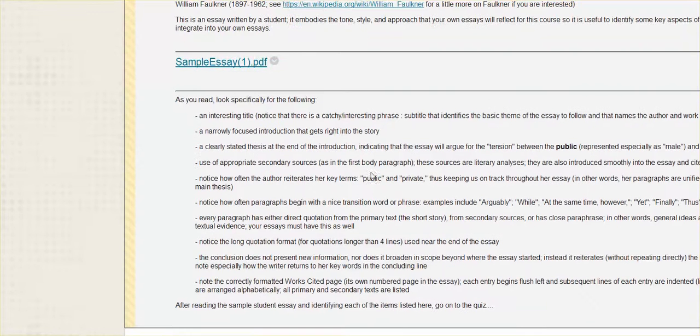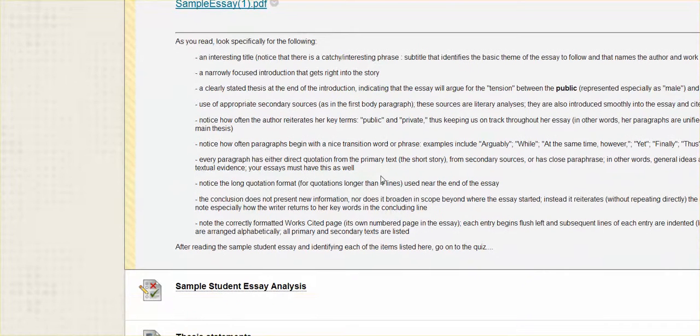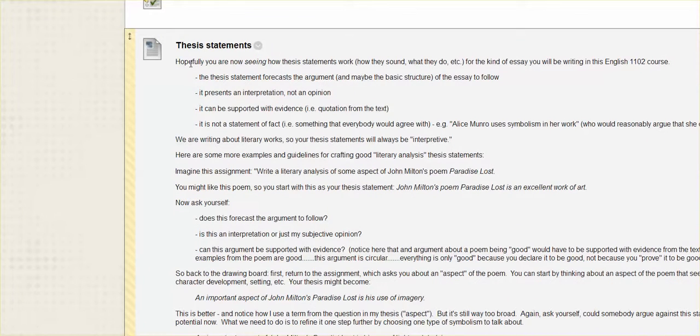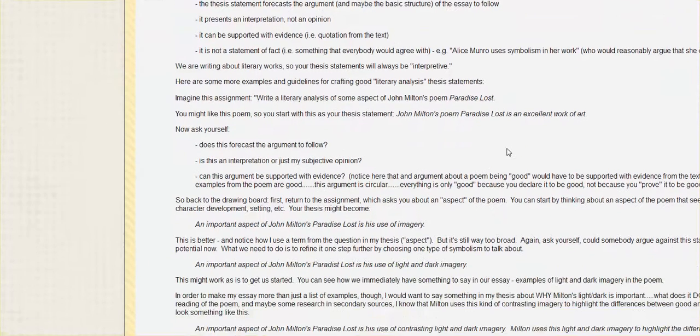Again, you can look for things like tone, the way it puts forward a really clear thesis, how it uses quotation, for example, how it manages primary versus secondary texts, all stuff that's going to be important for us to learn as we go along. Then there's just some more content about thesis statements, again really important for us as we get towards writing our first essay.